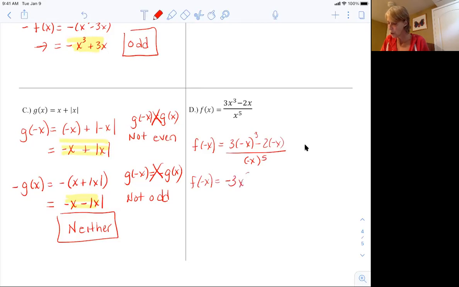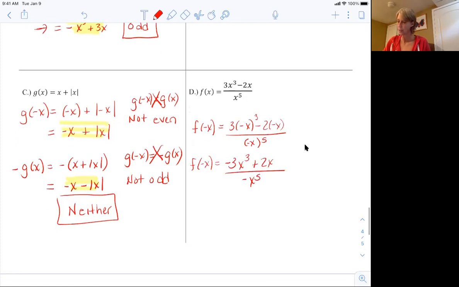Negative 3x cubed plus 2x over negative x to the 5th. So does this function here match this function here? No. It's not even.